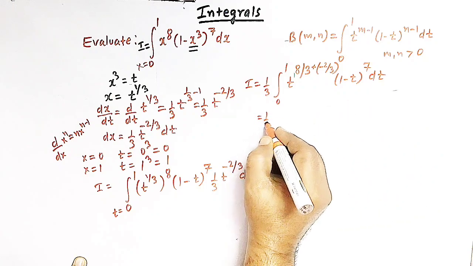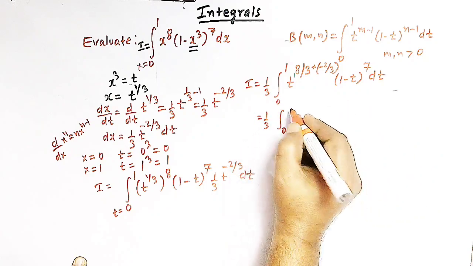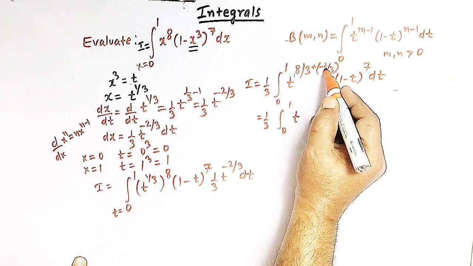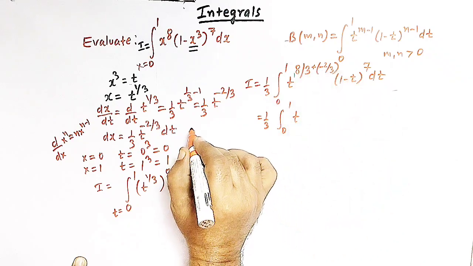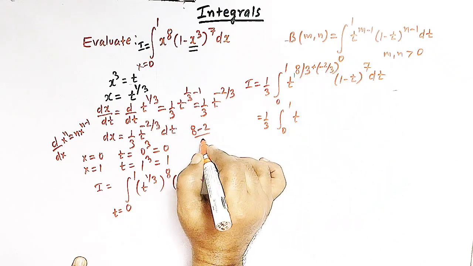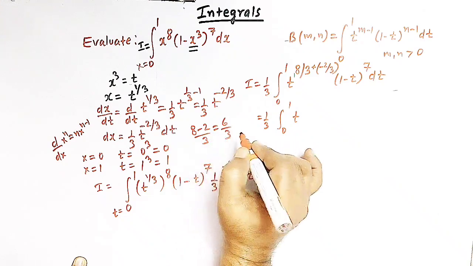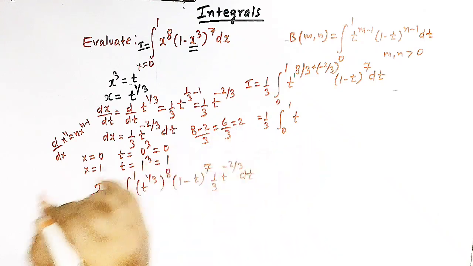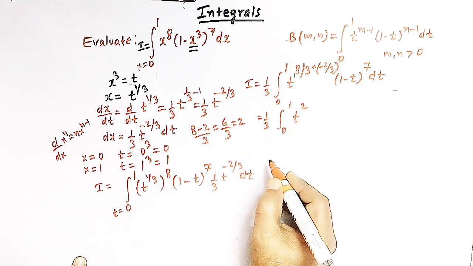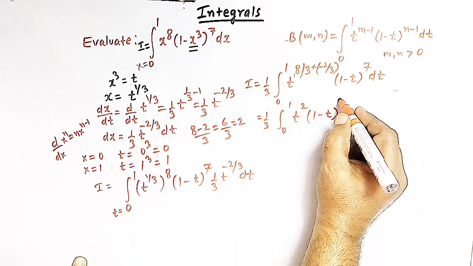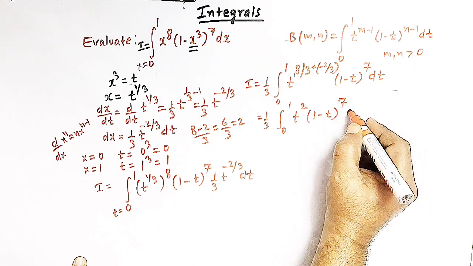So now we can write 1 by 3, 0 to 1, and t raised to 8 by 3 minus 2 by 3 is 8 minus 2 over 3, that is 6 over 3. So here we have 2. So here we can write t square, and here we have (1 minus t) raised to 7.